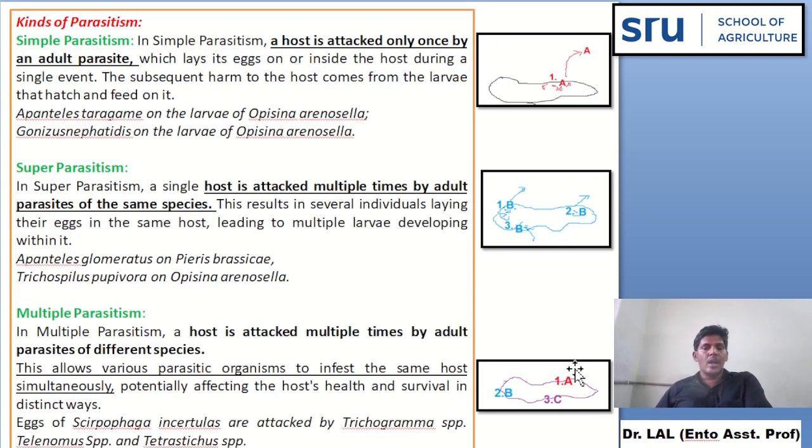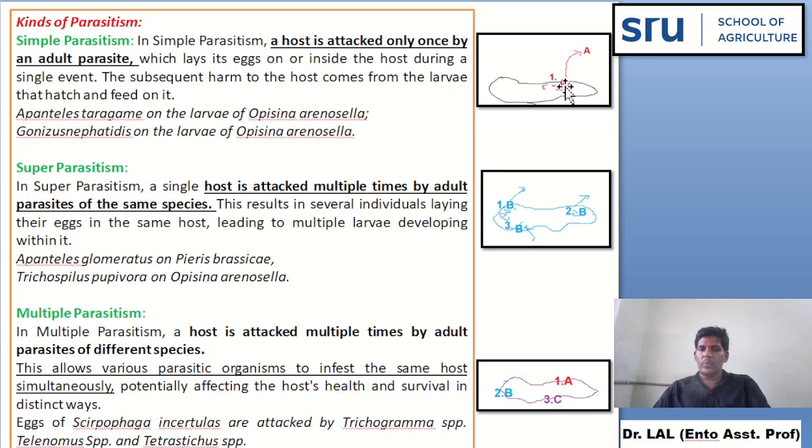Kinds of parasitism are simple parasitism, superparasitism, and multiple parasitism. In simple parasitism, the host is attacked only once by an adult parasite.